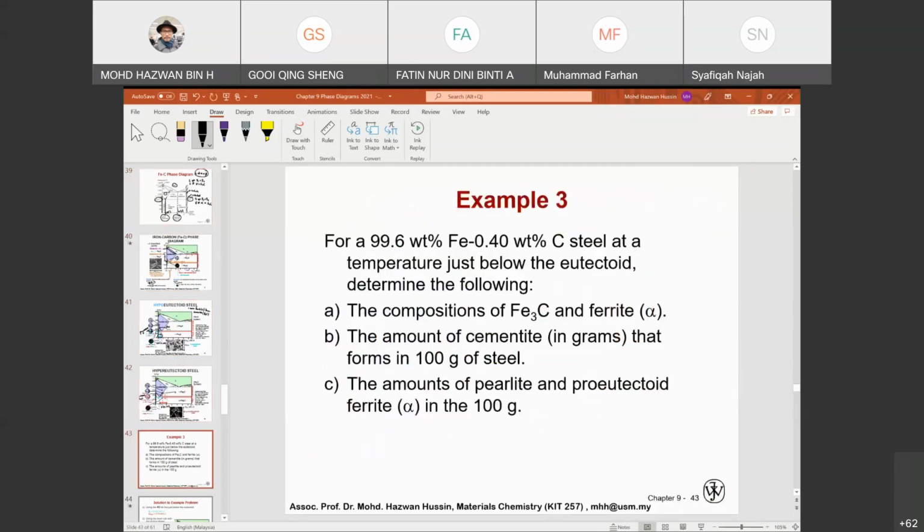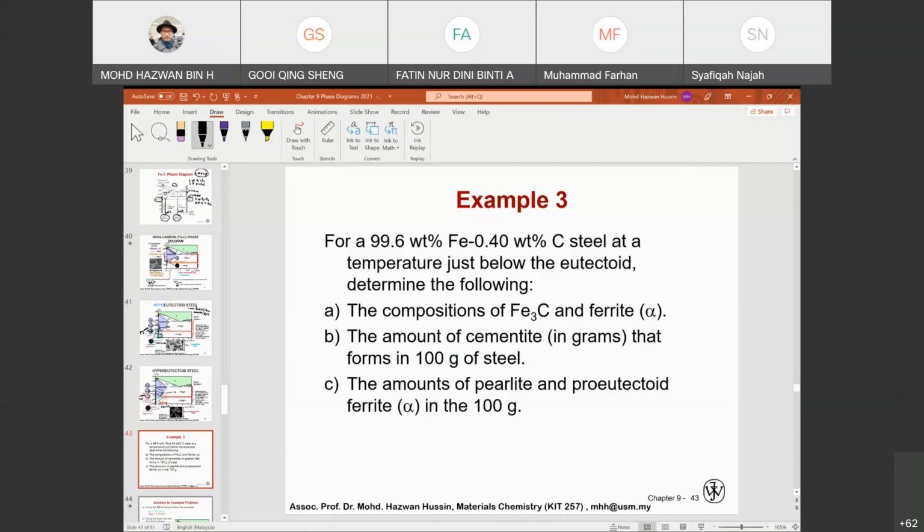Right. So we are going to look at the examples. For a steel of 99.6% iron and 0.4% carbon at a temperature just below eutectoid, determine the following: A, the composition of cementite and also ferrite.